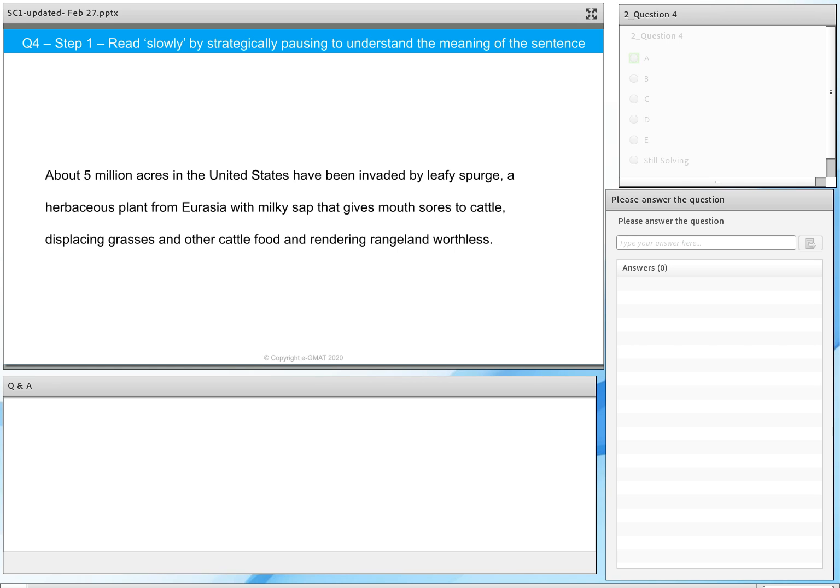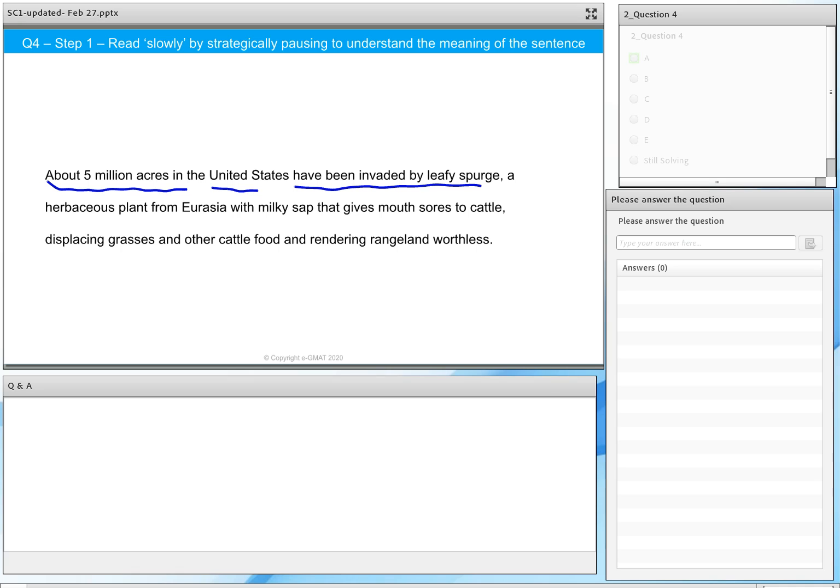So, about 5 million, okay, here's my pen. There we go. About 5 million acres in the United States have been invaded by leafy spurge. Okay, so we understand a huge tract of land in the United States has been covered by this particular entity called leafy spurge.